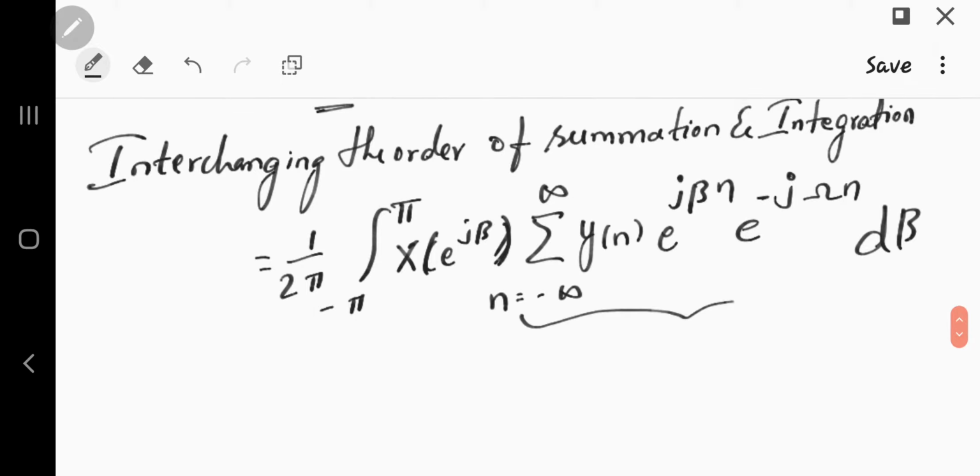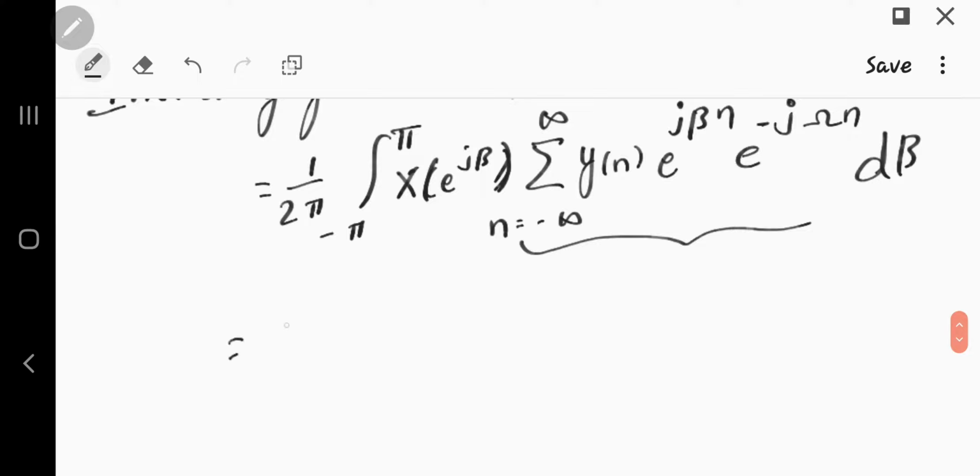Now if you observe this, from the frequency differentiation property, I will go with the next step and write 1 by 2 pi integral minus pi to plus pi x of e power j beta.